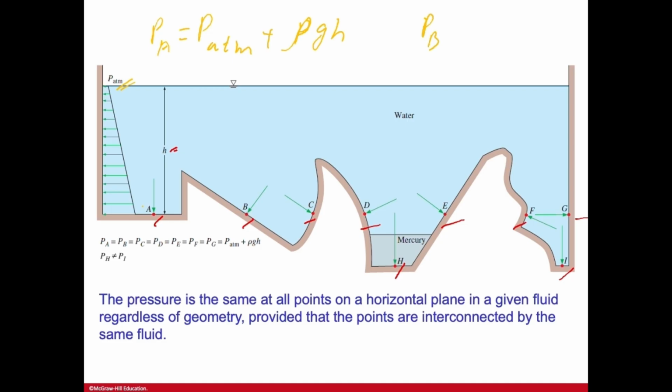The height of B is the same as h for point A, hence if you use this relationship, you'll see that you get the exact same result, and the pressure at B is exactly equal to PA. So the pressure is only dependent on the height of the liquid column. It does not depend on where horizontally in that fluid the point lies.